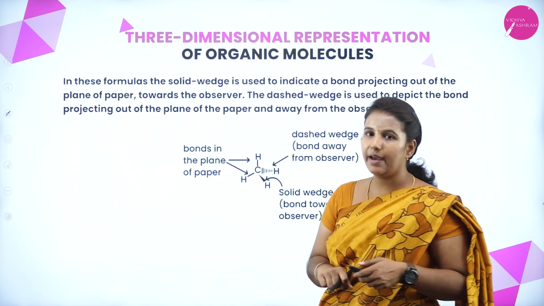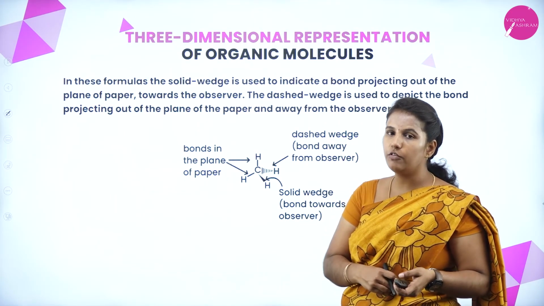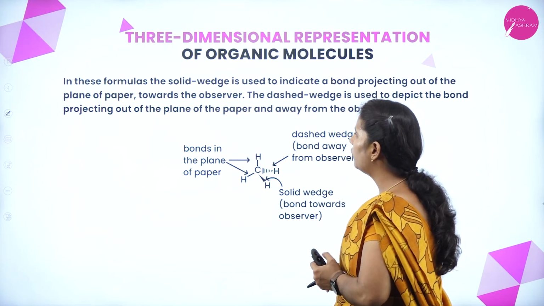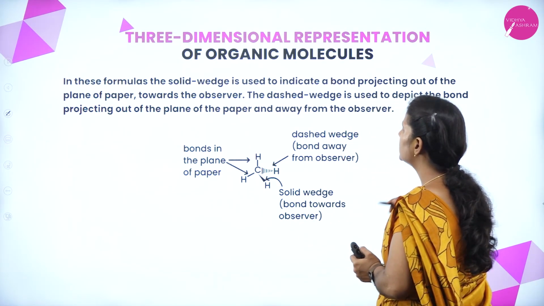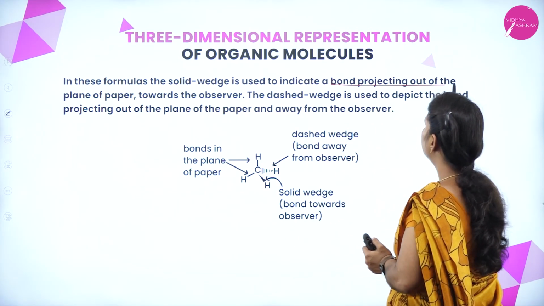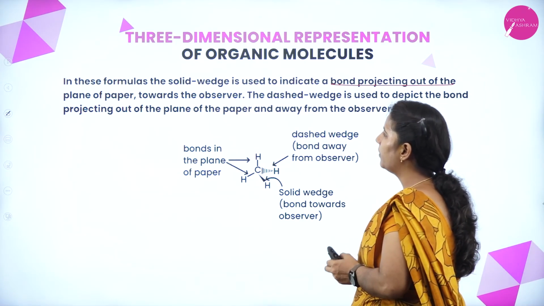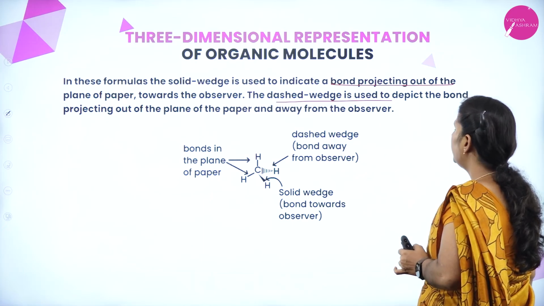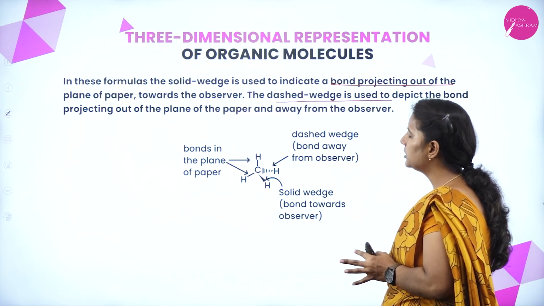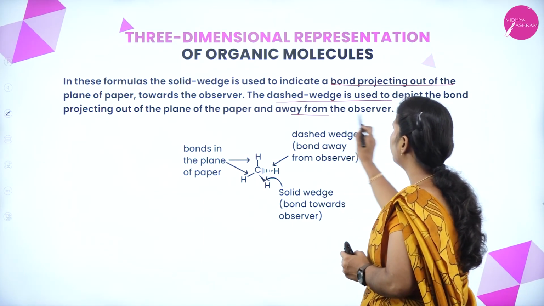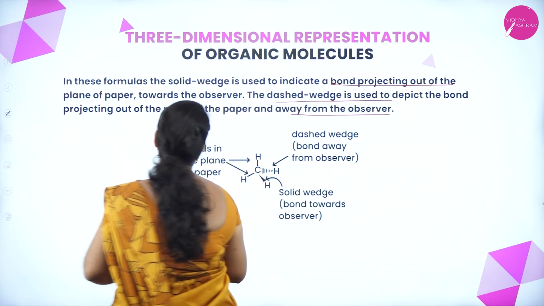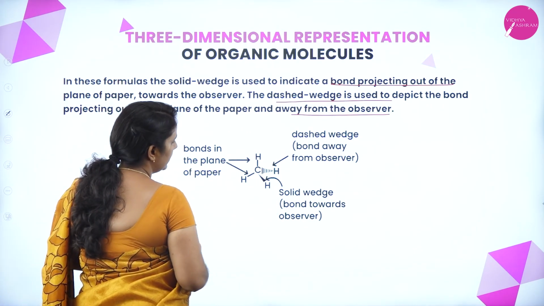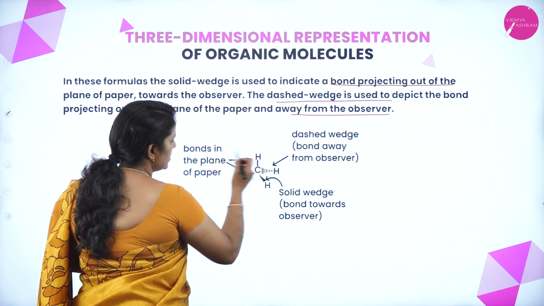Next, we have three-dimensional representation of organic compounds. In these formulas, the solid wedges are used to indicate the bond projecting out of the plane of paper and towards the observer, and dashed wedges are used to depict the bond which is projecting out of the plane of the paper and away from the observer. You can see that. So this is the structure of the methane, a three-dimensional structure of the methane.